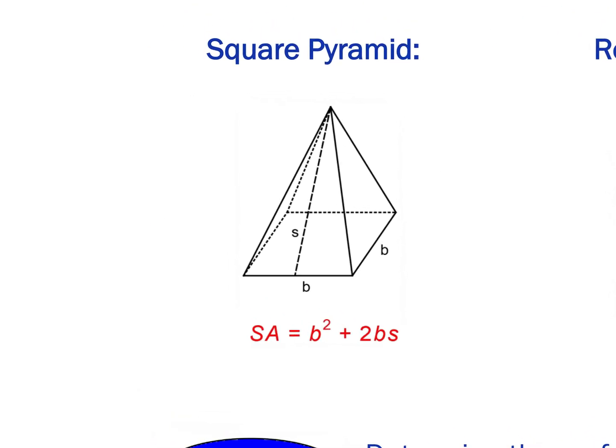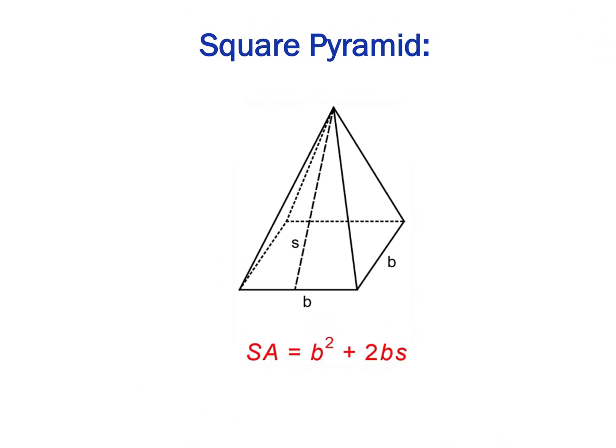The square pyramid's a fairly straightforward formula. It's base squared plus 2 times the base times the slant height. Okay, so I just want to go over what these are. B, because it's a square base pyramid, B is the length of the base. S is the slant height.